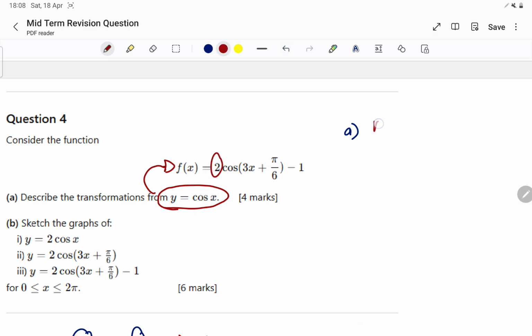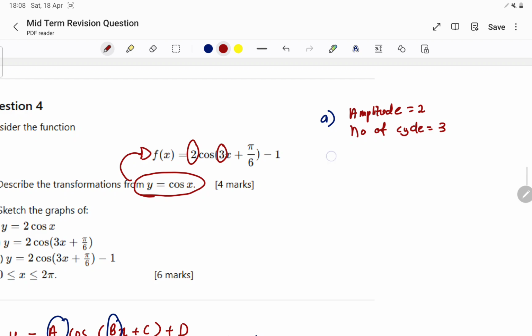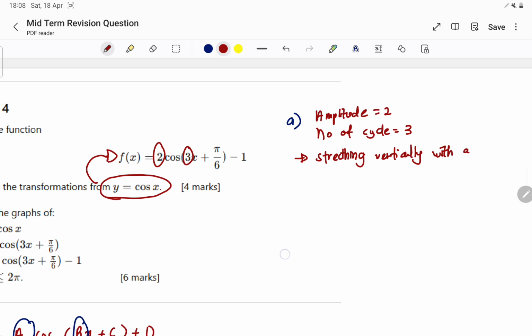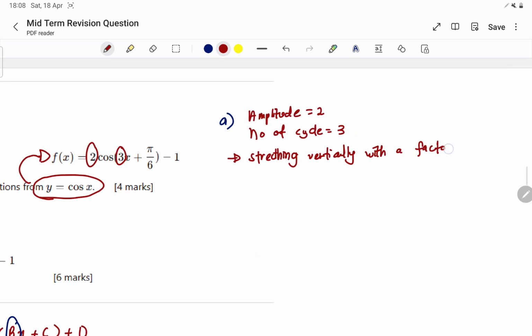So for question A, by right we have amplitude equal to 2. Number of cycles is equal to 3, because that is our b. Next, we can see the transformation here, where from amplitude it is stretching vertically with a factor of 2.